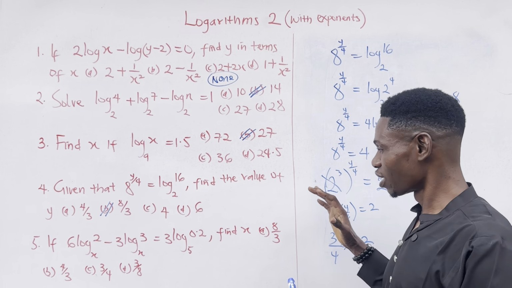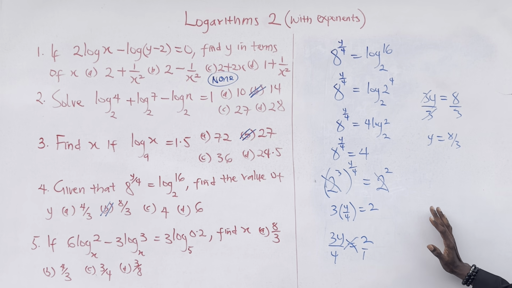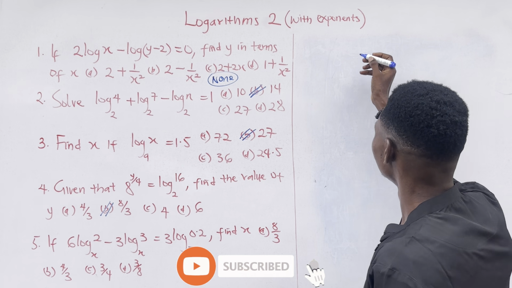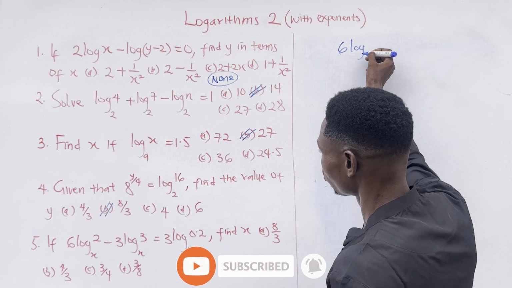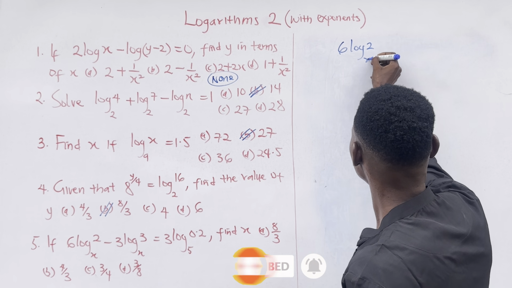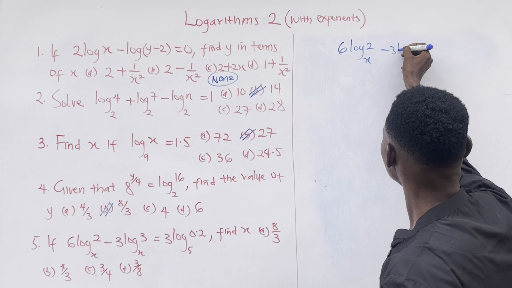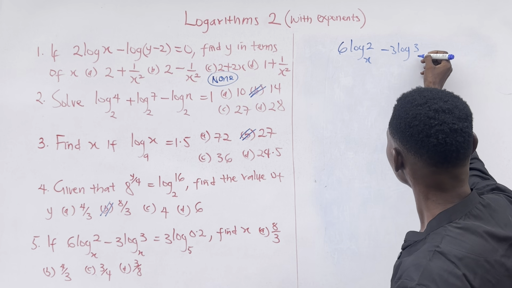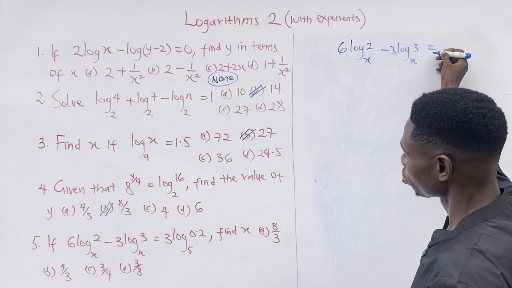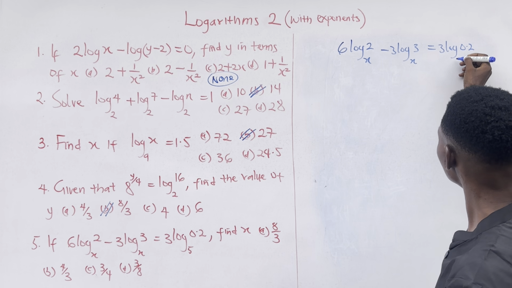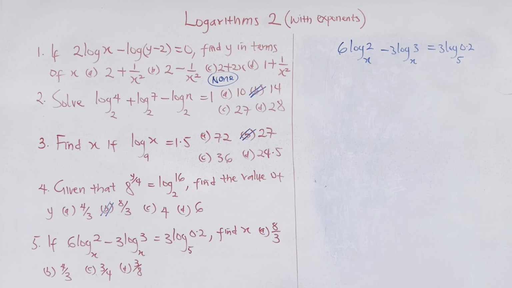So the question is 6 log 2 base x minus 3 log 3 base x equals 3 log 0.2 base 5. From everything we've learned, you should be able to solve this.